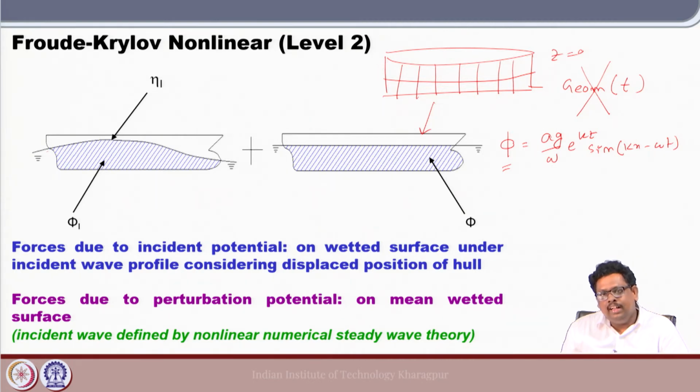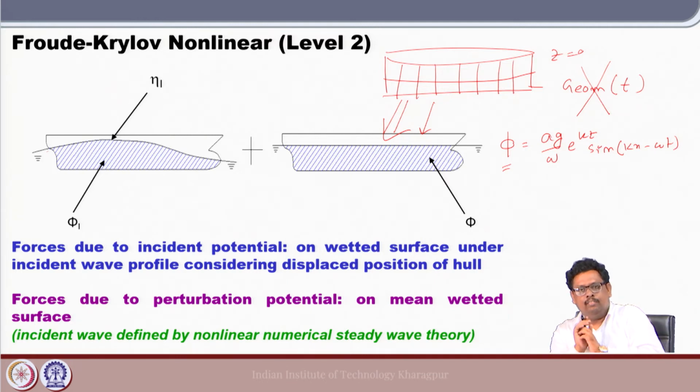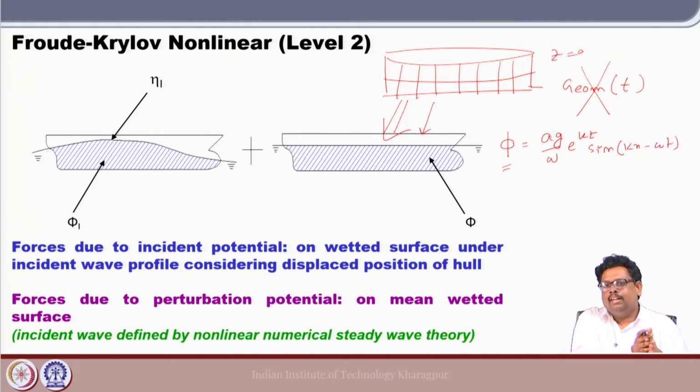So, to do that we really do not need to do the remeshing all the time, because this part is purely numerical, which I am doing for the radiation diffraction problem. However, we can use a separate meshing for the Froude-Krylov part.